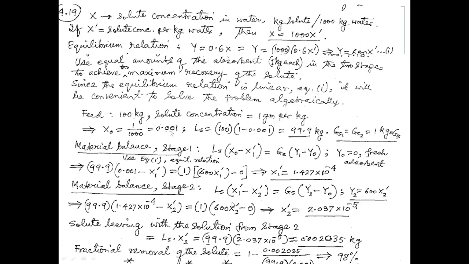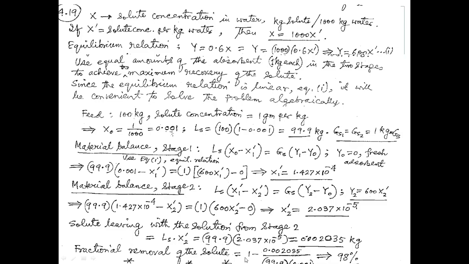So Ls x dash, this is the concentration I got, x dash 2 into 1 600 x2 dash 0. So x2 will be this. So solute, this is the outlet. So solute leaving with the solution from stage 2 equals Ls into capital X dash 2, equal to 99 point this into this, 0.002035 kg.